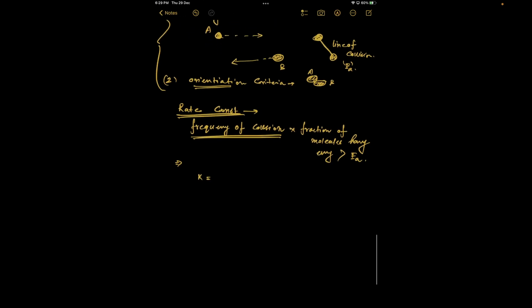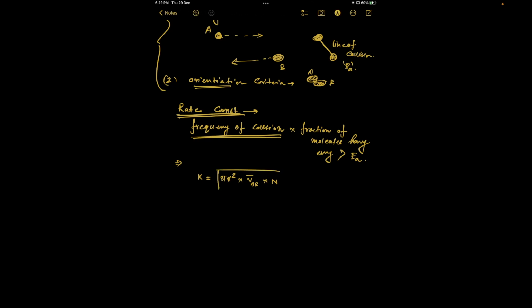We know that the frequency is pi r square times V AB average times N. So this is the collision frequency. pi r square is the effective volume.